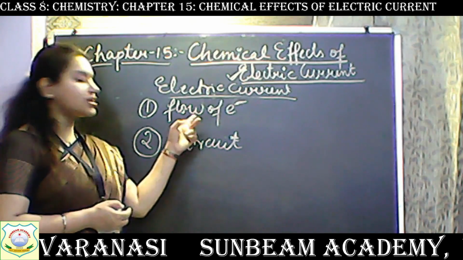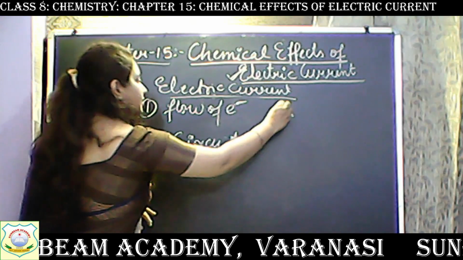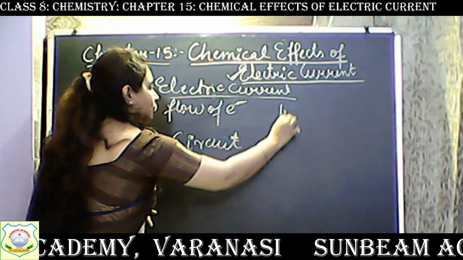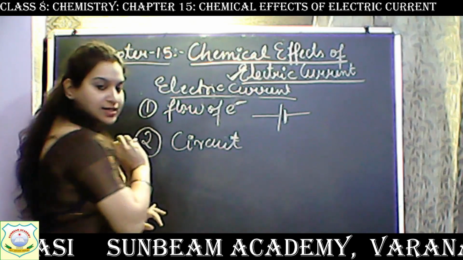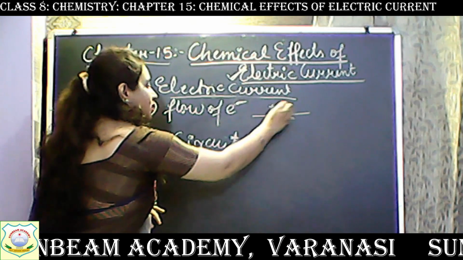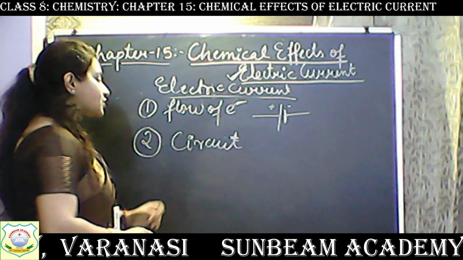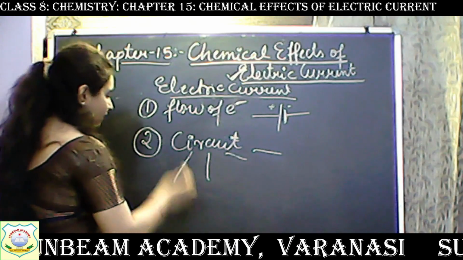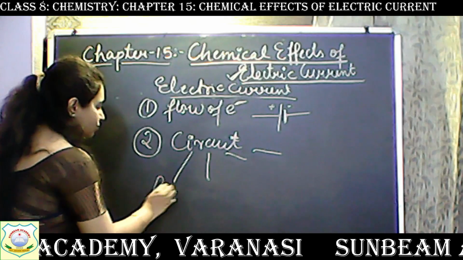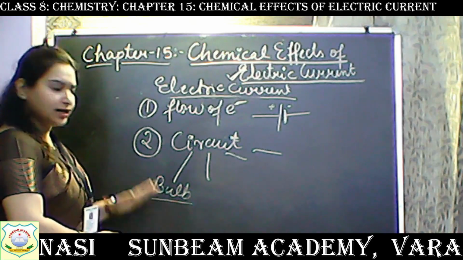Okay, what is the symbol of a cell, children? The symbol of a cell is this. If you remember, one long and one small. This is the symbol of a cell, and this is a positive charge and this is a negative charge. So in a circuit, what are the things that are important that we have already studied? First, a bulb or LED, anything.